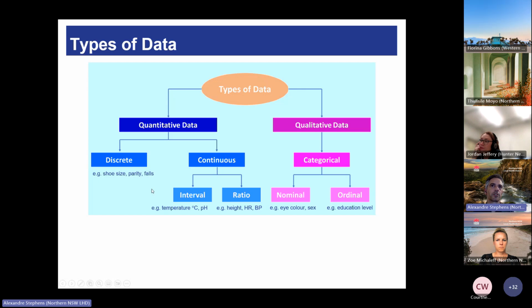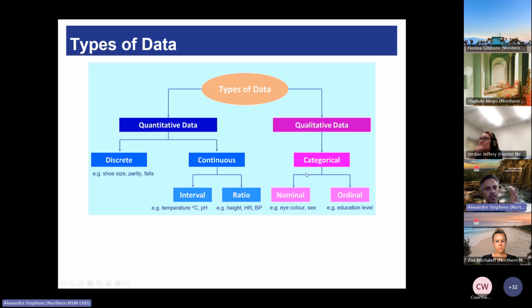And that's got 2 main subtypes, which is interval scale data or ratio scale data. And the distinction between those 2 is how they deal with 0. So interval scale data does not have a true 0. Really good example is temperature in degrees Celsius. And the ratio scale data does, for example, height, heart rate, blood pressure.